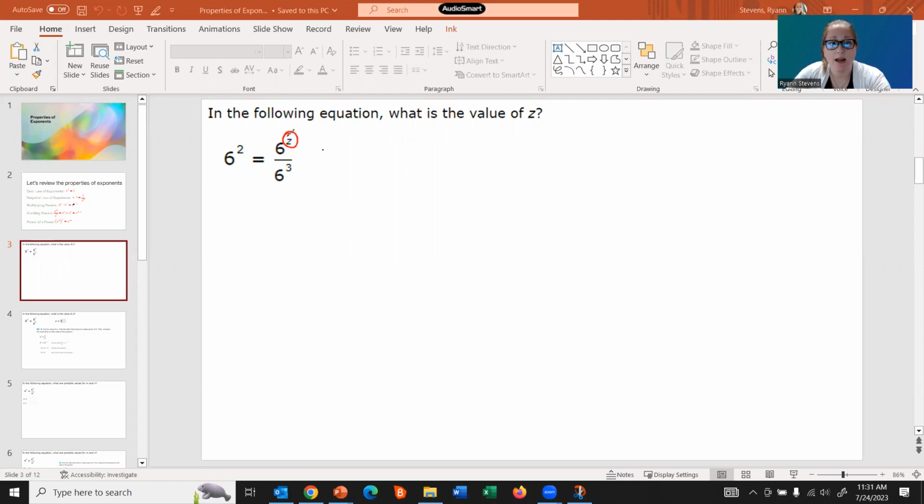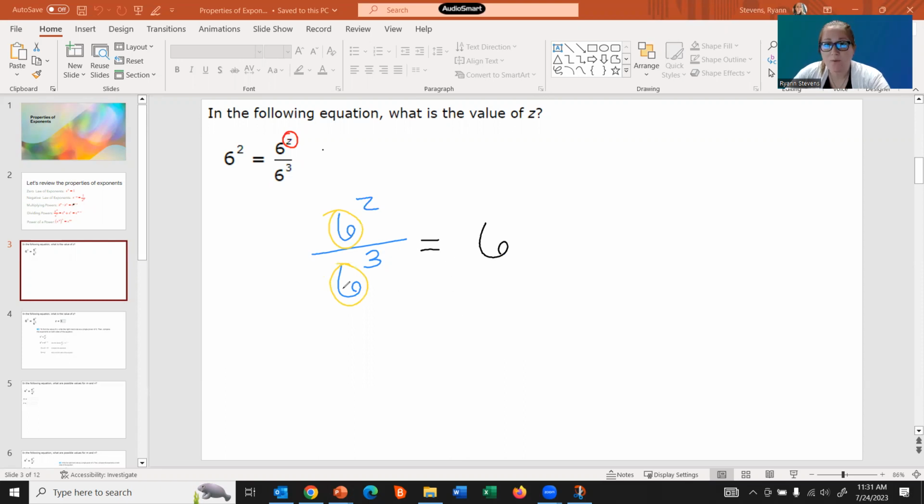And when we look at this part here, the 6 to the z over 6 to the third power, we can see here that this is where we have dividing powers, okay? So we have the same base actually in this case. We have a 6 in the numerator and a 6 in the denominator. And so what we can say from here is that the base will stay the same.